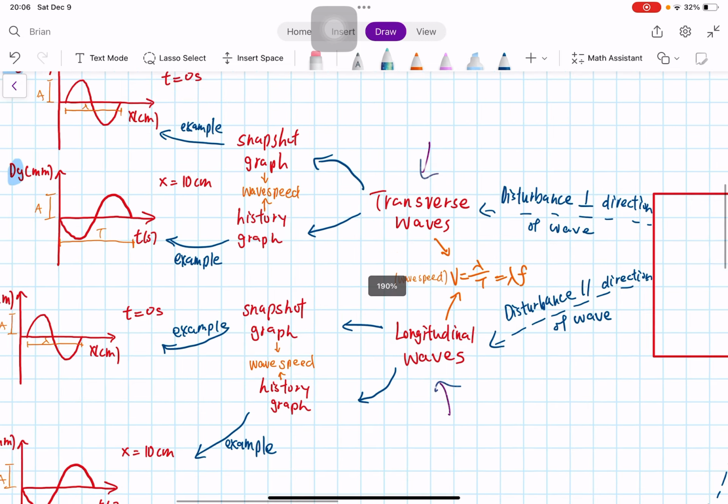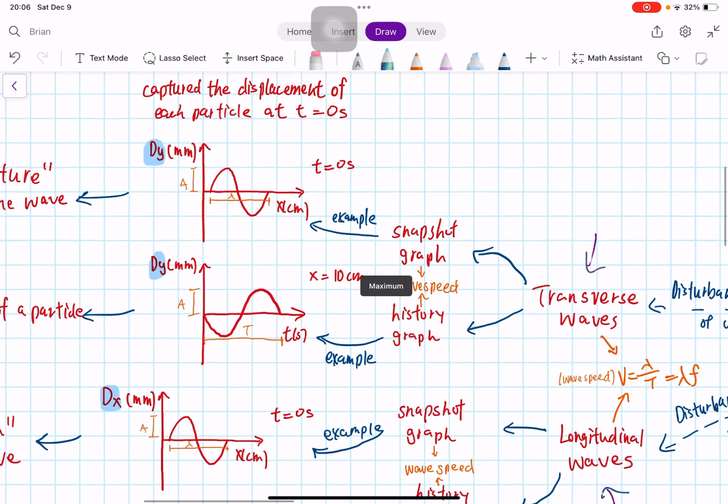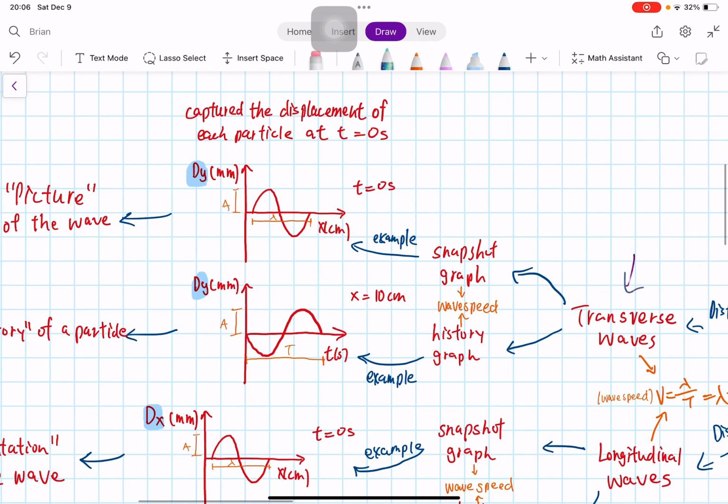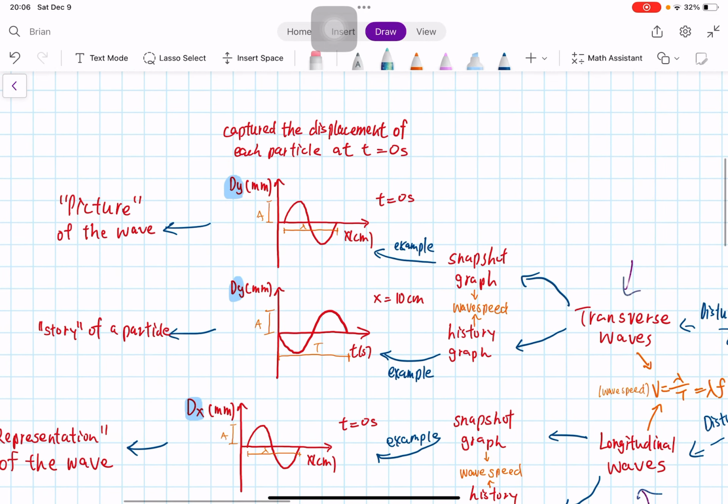If we take a look at the snapshot graph and the history graph here, the snapshot graph is saying we're looking at the displacement of each particle at t equals 0 seconds, or at a certain time.